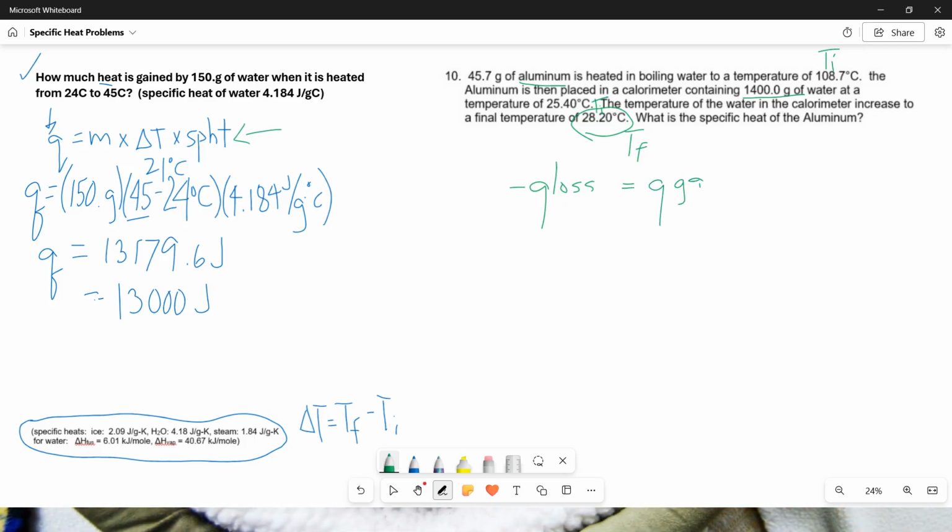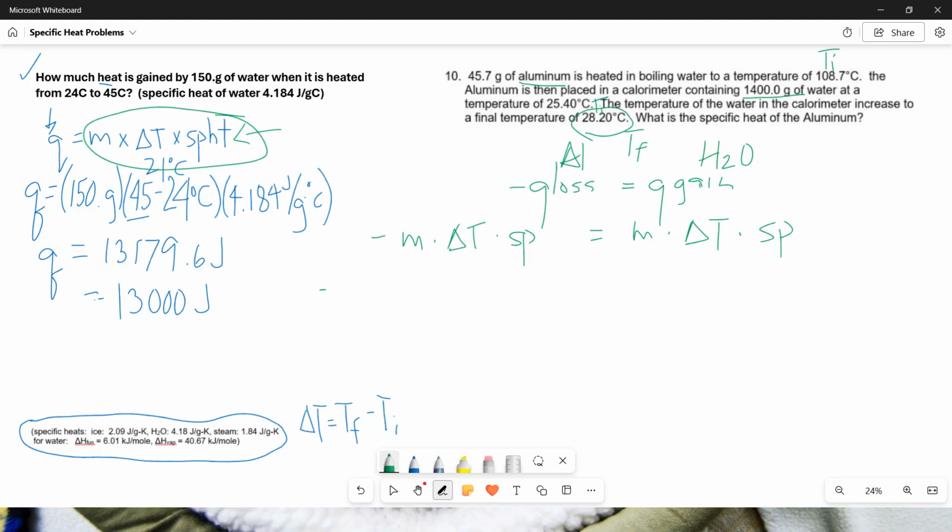So in this example, the loss is going to be the aluminum and the gain is going to be the water. And so we're going to take this equation and set them equal to each other. So a negative mass times change in temperature times specific heat is going to equal a positive mass times change in temperature times specific heat.